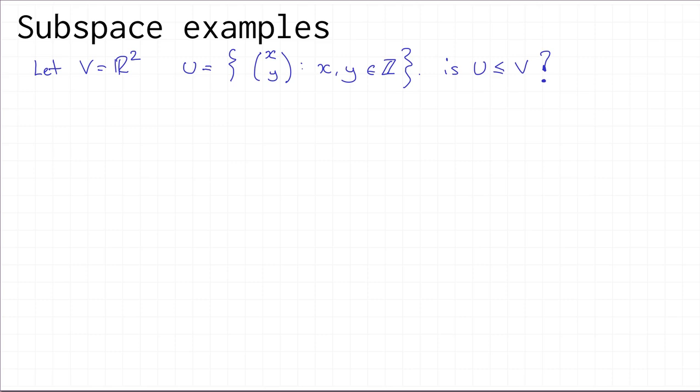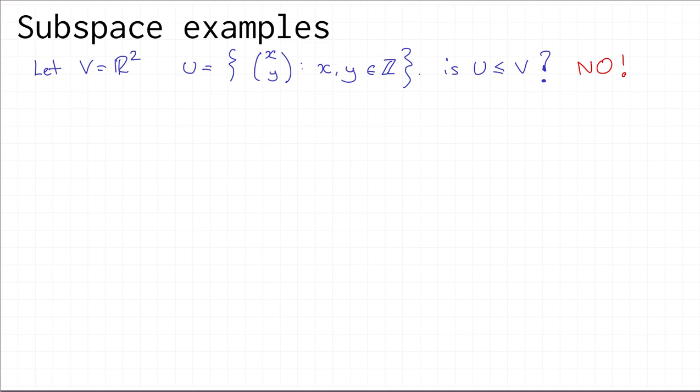So the answer is no. Okay. It does contain the zero vector. It is a subset of V. It does contain the zero vector because 0 is an integer. But, well, let's go one further. It is closed under addition.